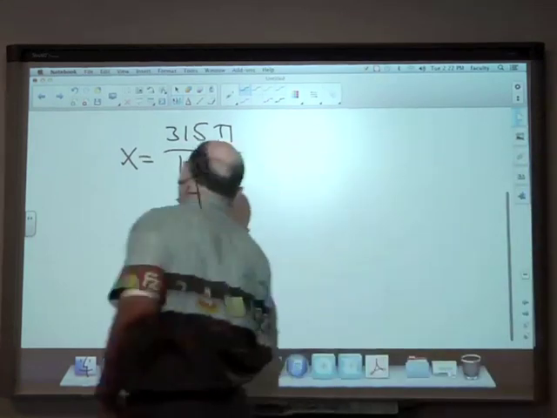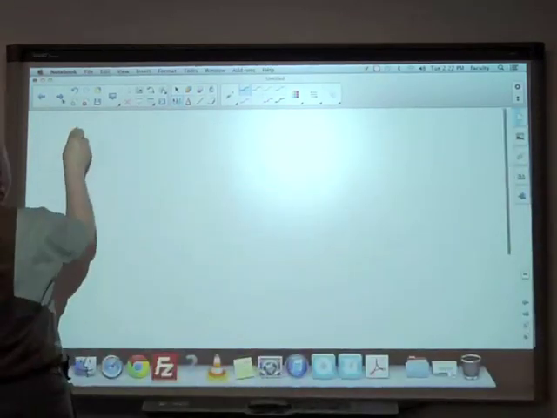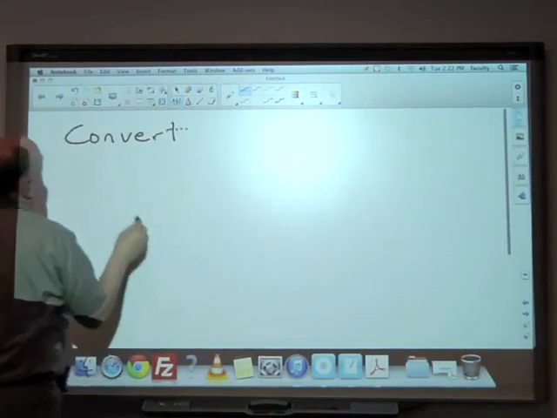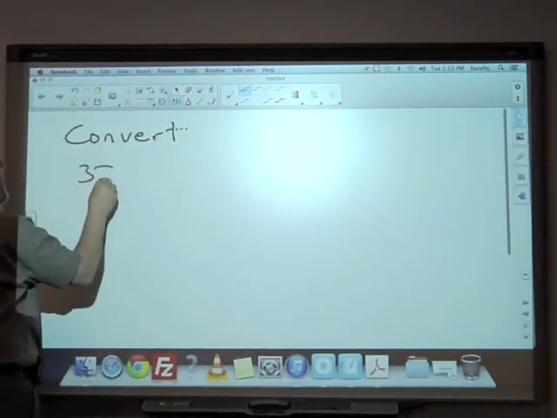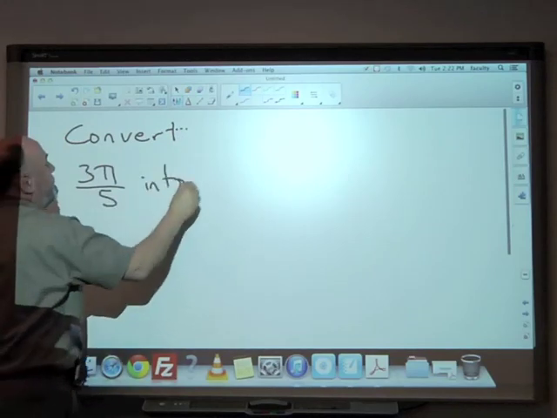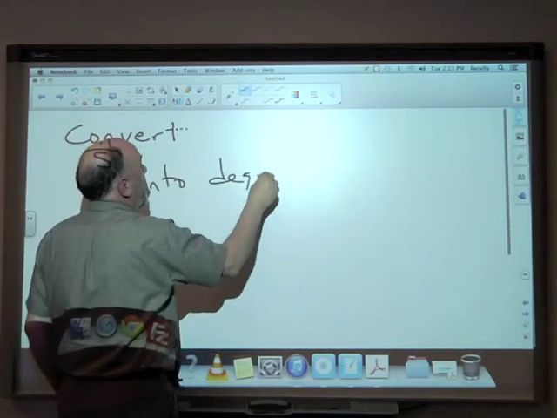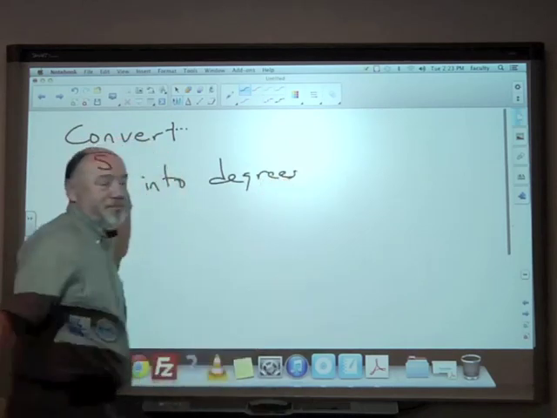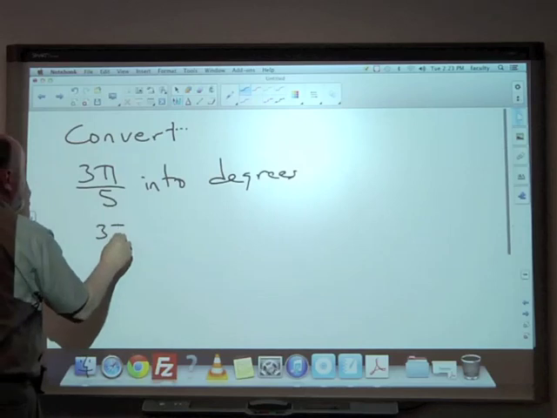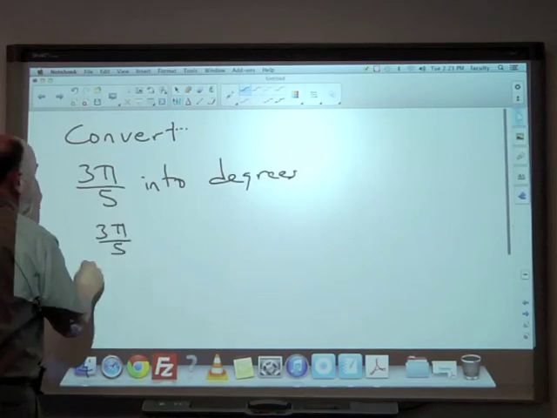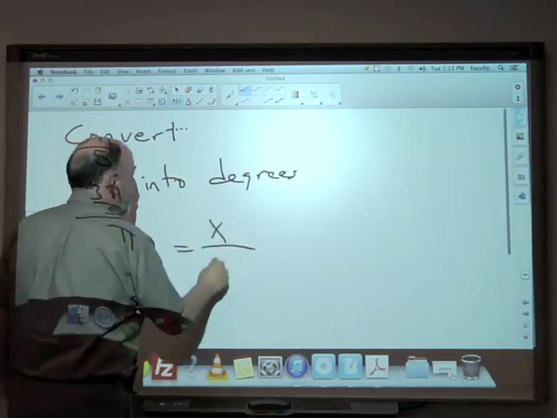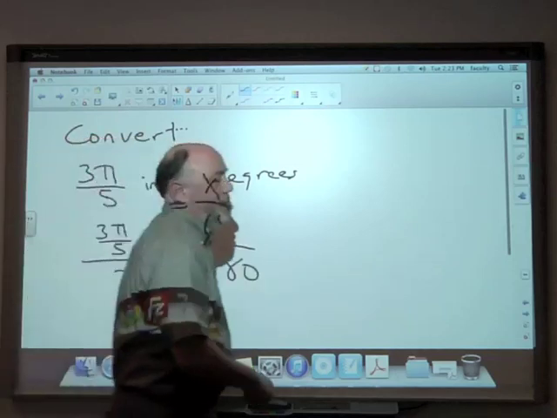So, for example, I want to convert 3 pi over 5 into degrees. Well, again, our conversion factor was pi is 180. So I get 3 pi over 5 divided by pi is going to be x over 180.